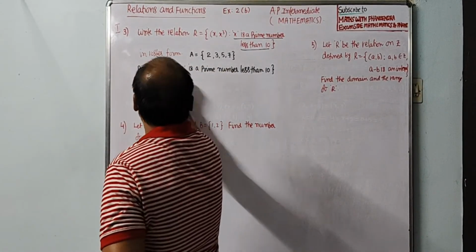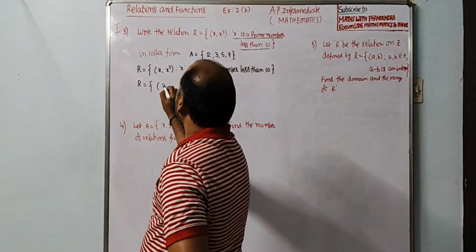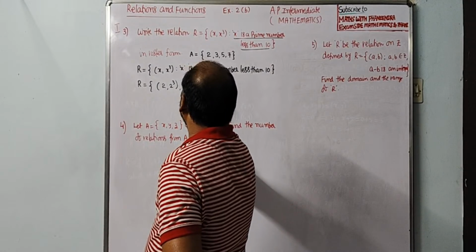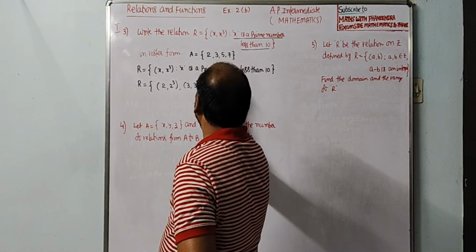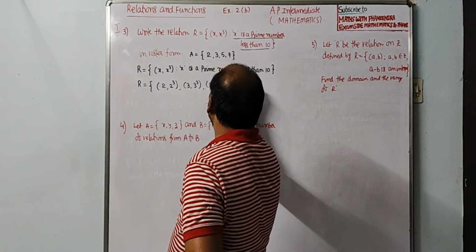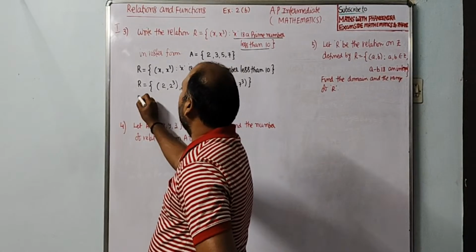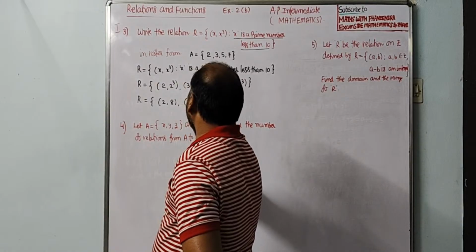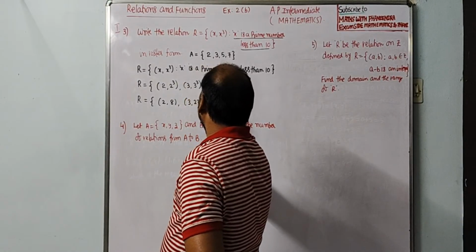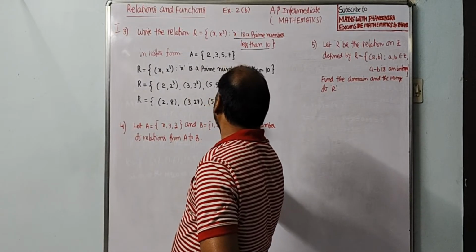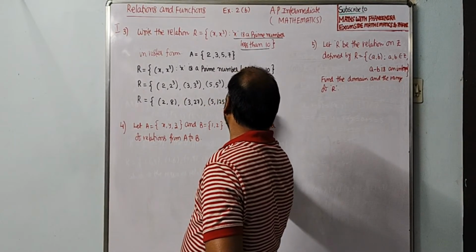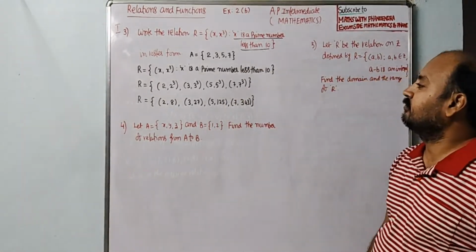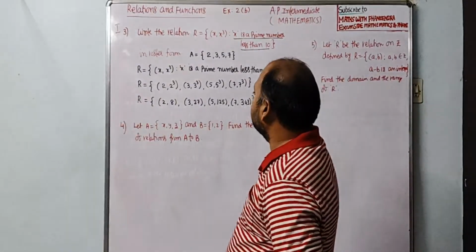First x is equal to 2, so (2, 2 cube), (3, 3 cube), next (5, 5 cube), and (7, 7 cube). So R equal to {(2, 8), (3, 27), (5, 125), (7, 343)}. Am I right? 343, 49 into 7. So this is the way you can write it, dear students.